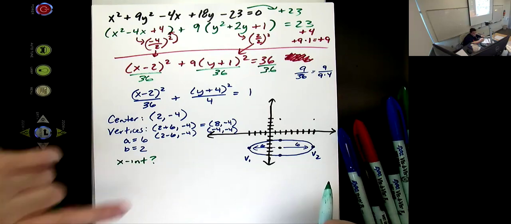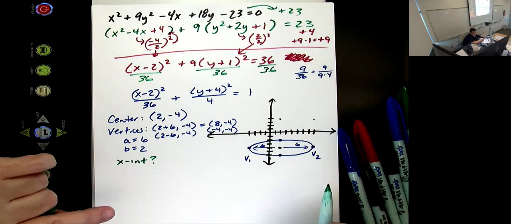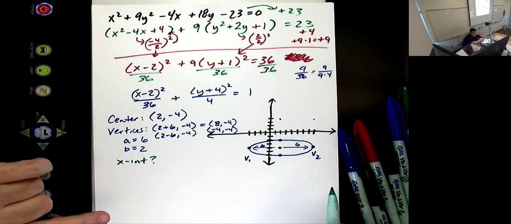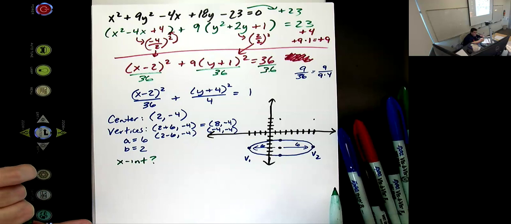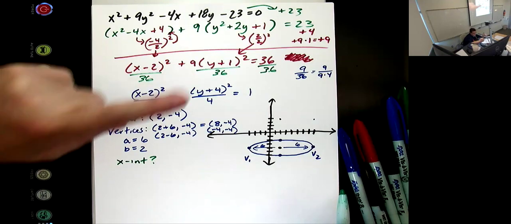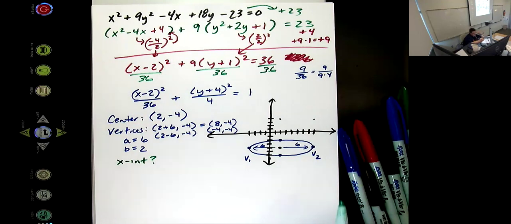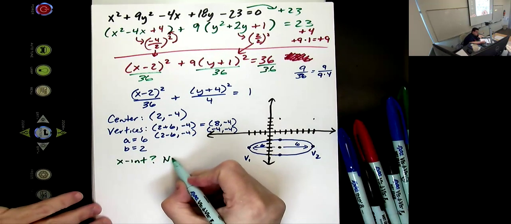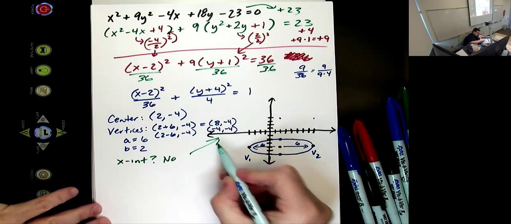What's an x-intercept? We talked about it. It's when the points meet the x-axis. Yes, it's when our graph crosses the x-axis. Are we crossing the x-axis? No. So there are no x-intercepts. It doesn't cross the x-axis.